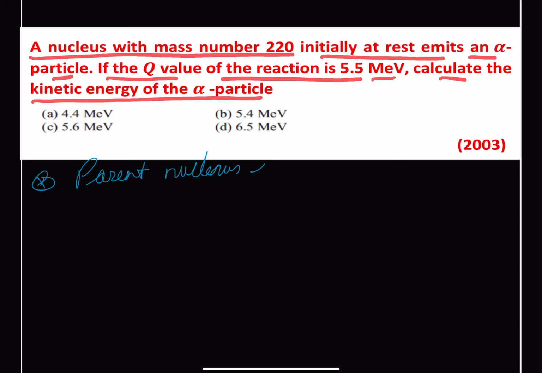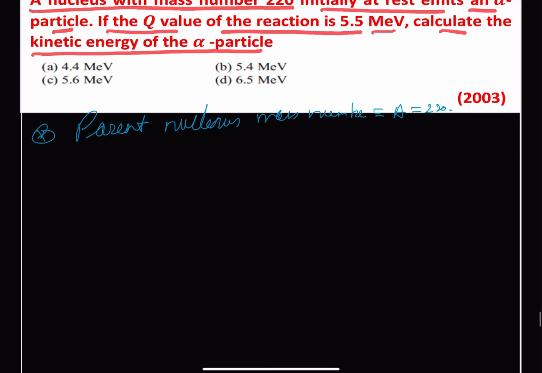Mass number A is given as 220, and it emits an alpha particle, which has mass number four.